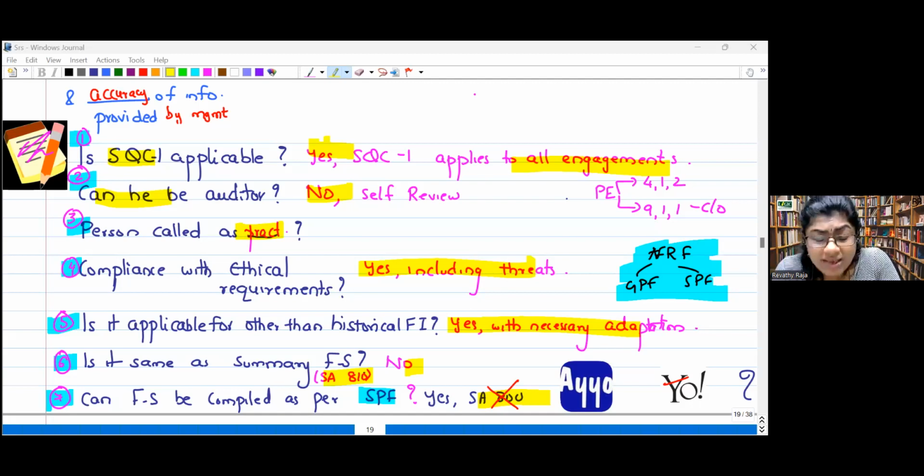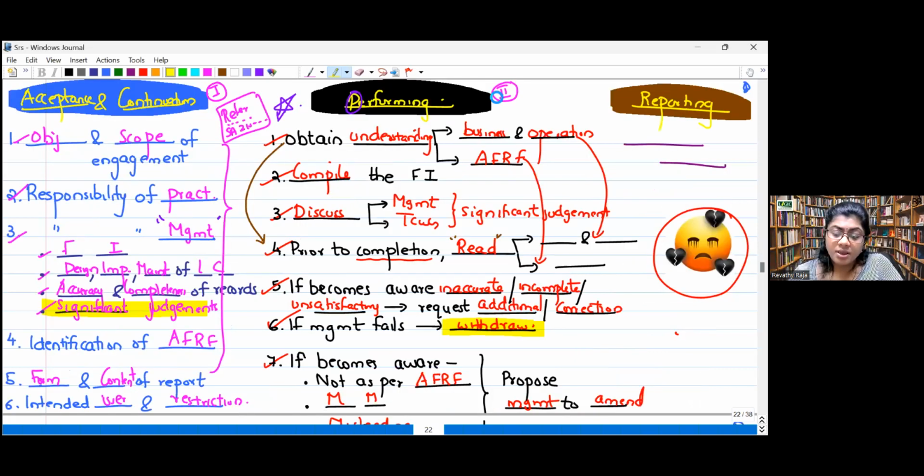Yeah, so this standard, like the other standards in the series, 800, SRE, SRS, etc., is also divided into three parts. But from where did we get this?